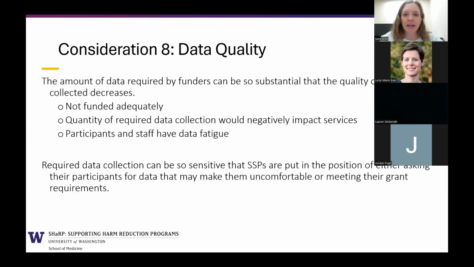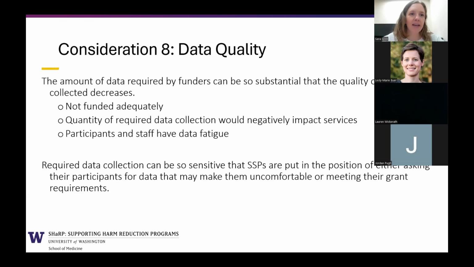And then finally, we ask funders to really consider the trade-off between data quantity and data quality. And as I already mentioned, the amount of data that can be required by funders can balloon and be so substantial that the quality of the data can suffer.